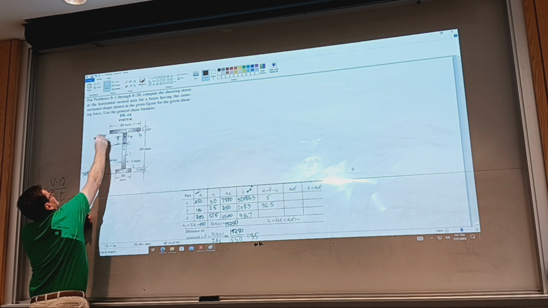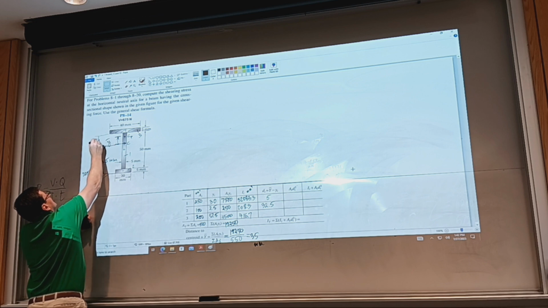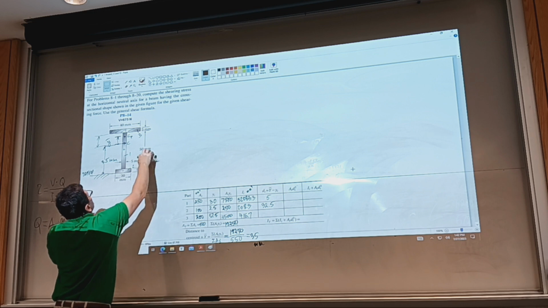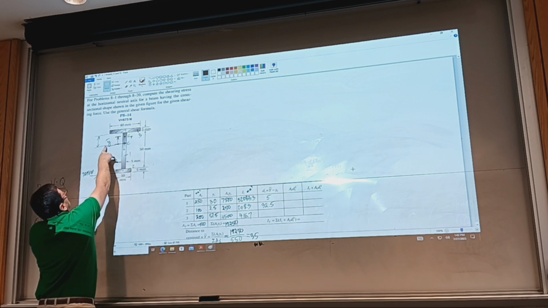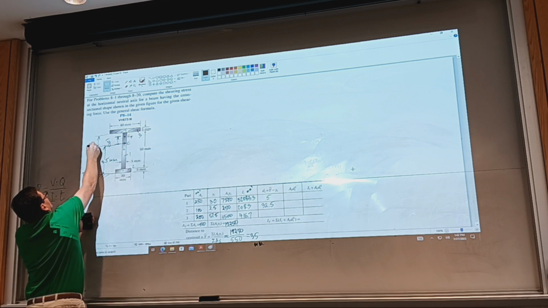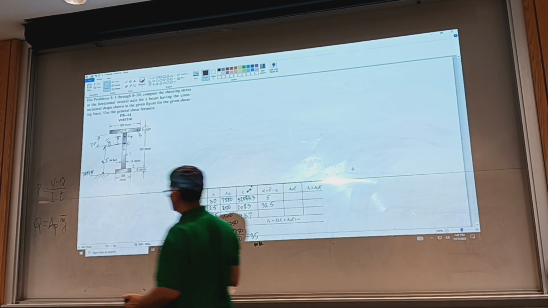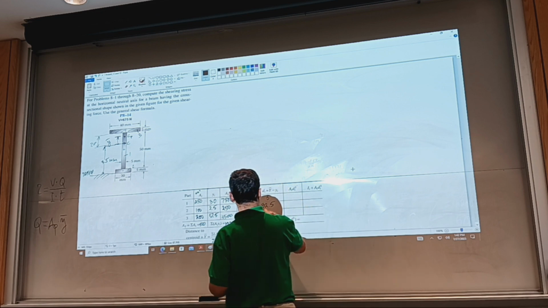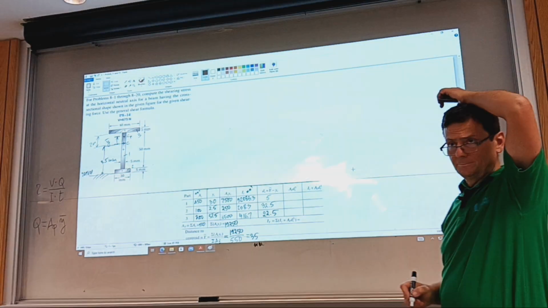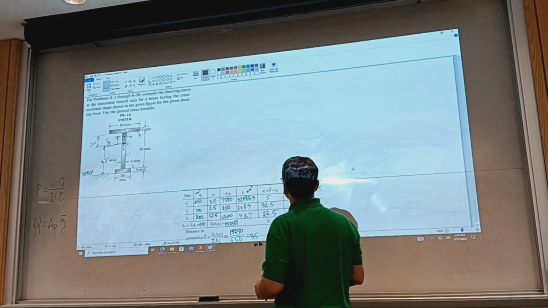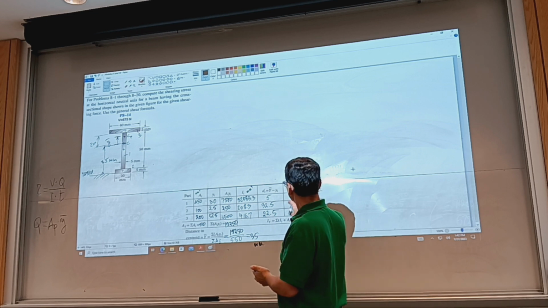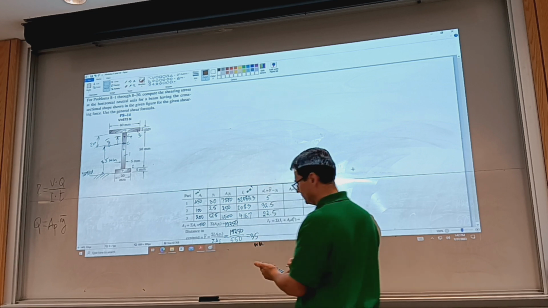So let's see, 35 all the way to 55 will be 20. Okay, so I have 20 plus 2.5, 22.5. Everybody agrees? Okay. And now I evaluate area times distance squared, the parallel axis theorem, remember? So 250 times 5, it's 1250.